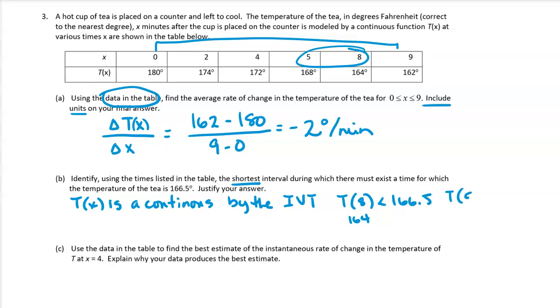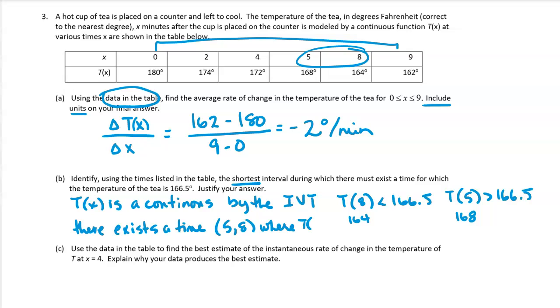Likewise, T of 5 is greater than 166.5, and that temperature is 168. Then there exists a time over the interval 5 to 8 where T of x equals 166.5.